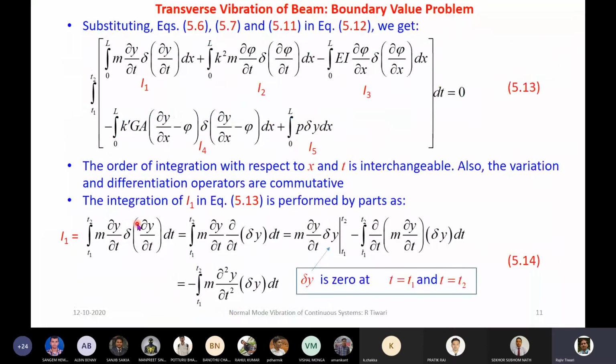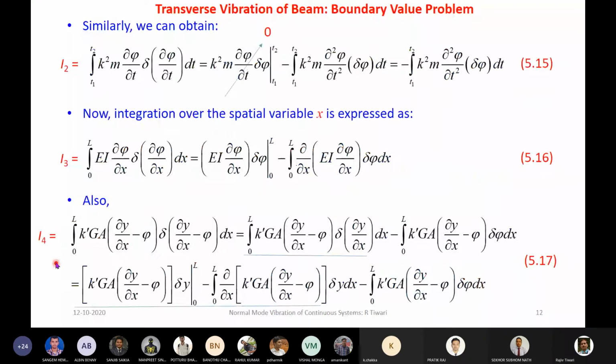Then the I4, this one. So I4 is having multiple terms, especially here, because for the variation we need to break this into two equations. So I4 is this equation. Now I'm breaking this into two equations.